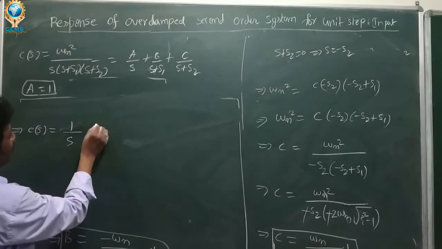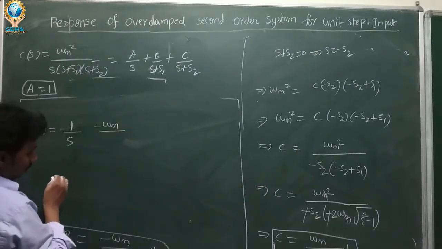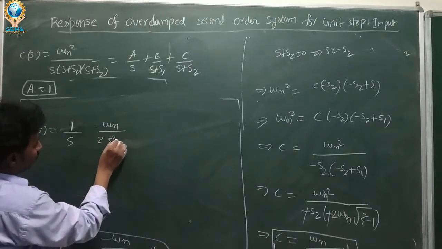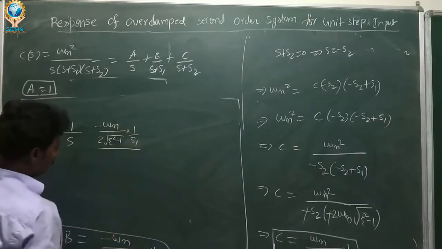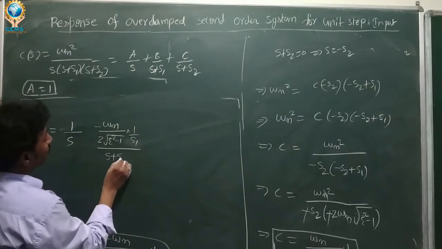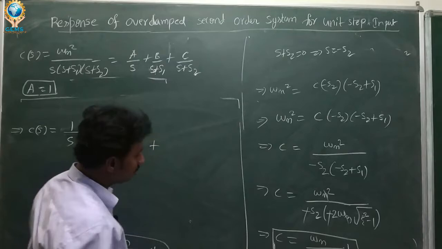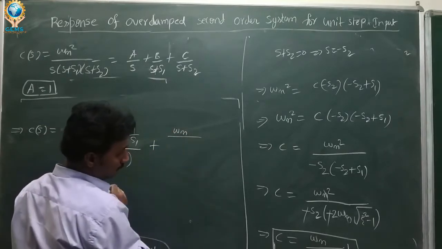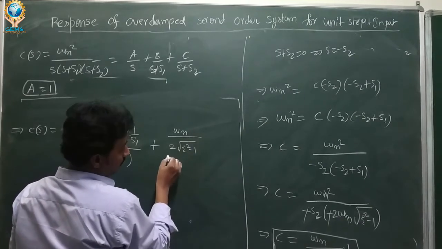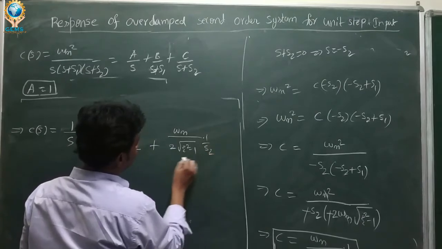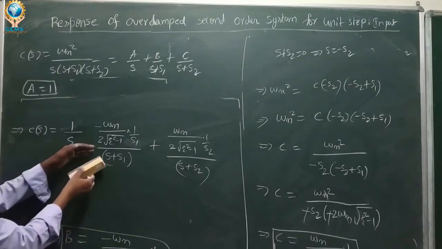B is equal to minus omega n by 2 root zeta square minus 1 into 1 by s1, by s plus s1. So this is the B value. So what is the C value? C value is equal to omega n by 2 root zeta square minus 1 into 1 by s2, by s plus s2.